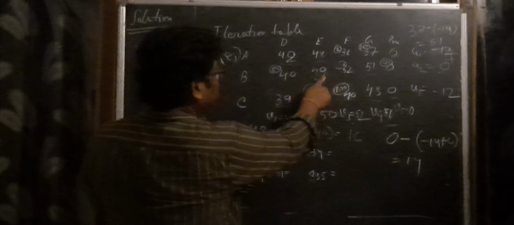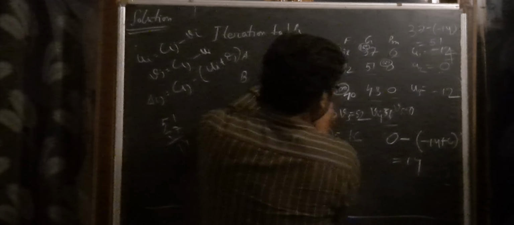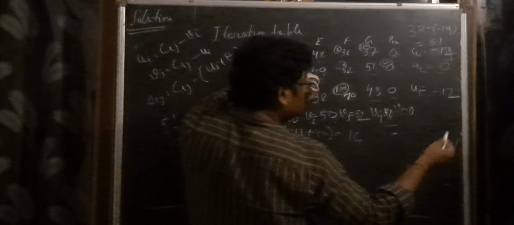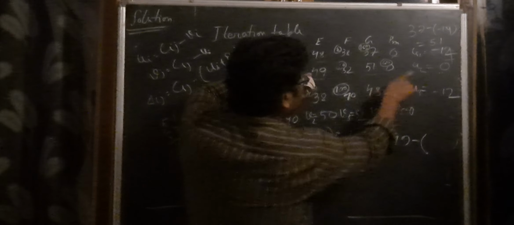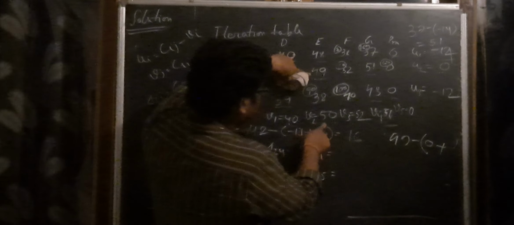Again del 22, now del 22 is 49 on the basis of Cij minus Ui plus Vj. So 49 minus u2, which is 0, plus 50, V2 is 50, so minus 1.